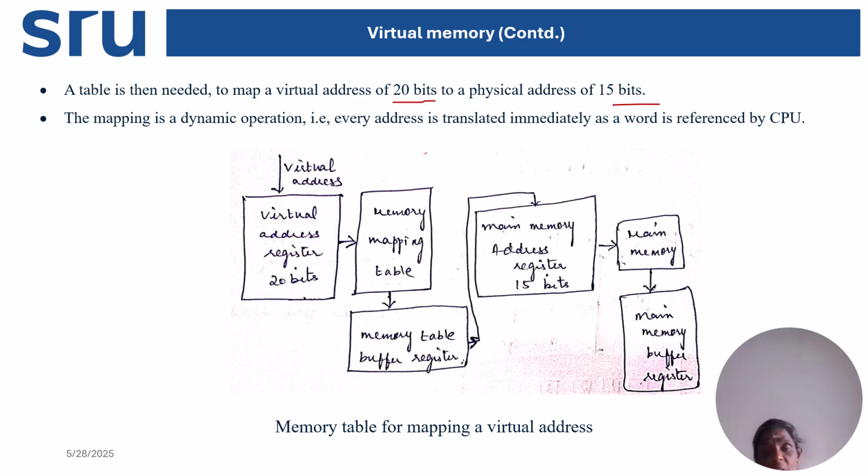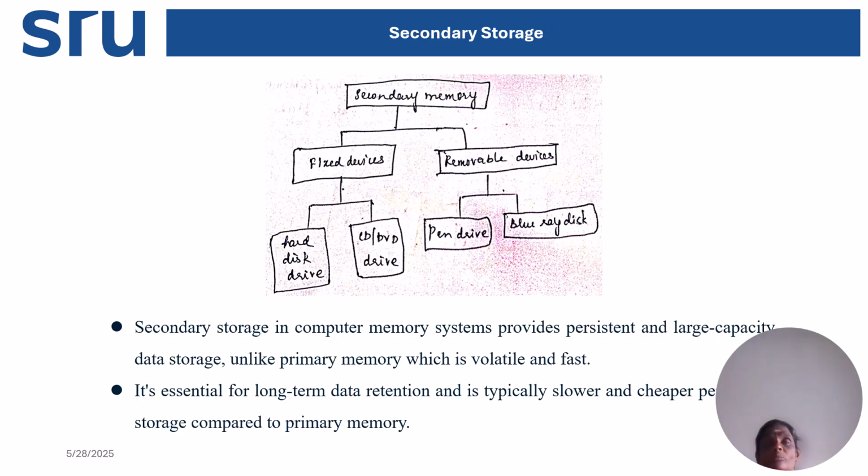So compulsorily they have to be mapped to get the original address. The mapping is a dynamic operation, that is, every address is translated immediately as a word is referenced by the CPU.